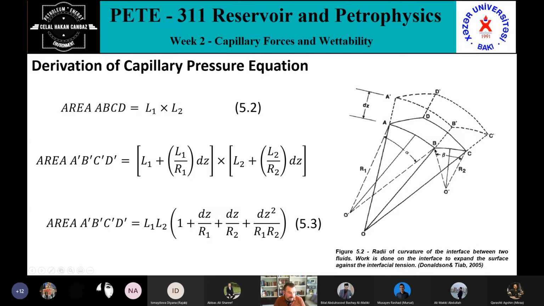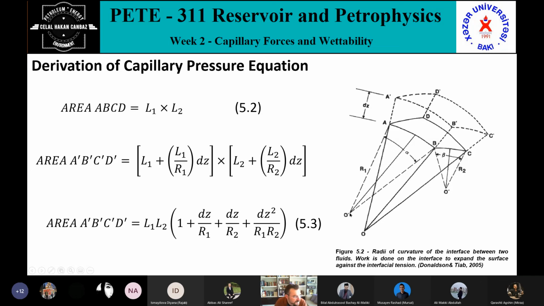So think about that. This is a curve, so there will be a full circle of this, right? When I compare this full circle, the center of the circle will be here, and for AB, L1, it will be somewhere here.